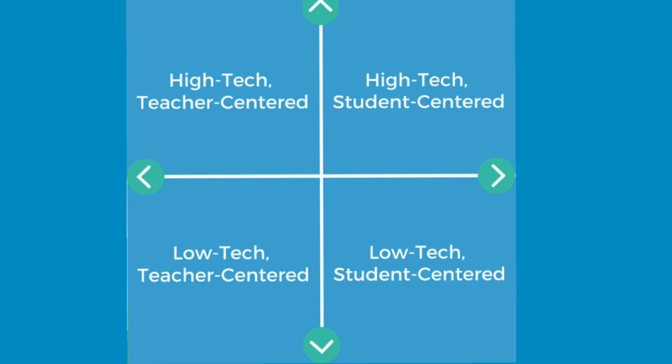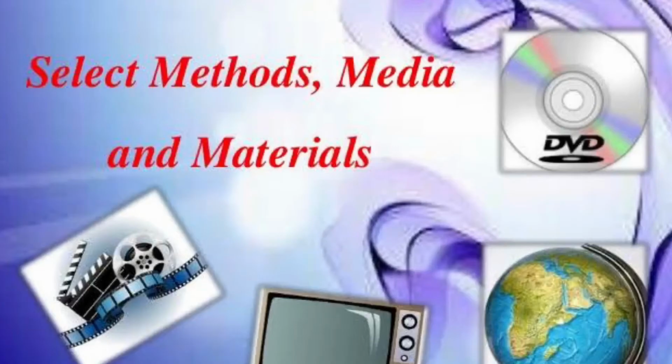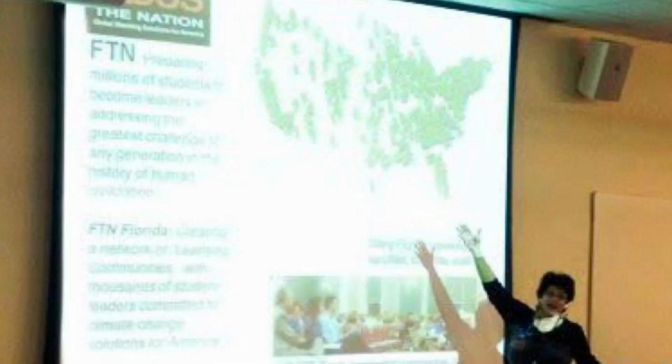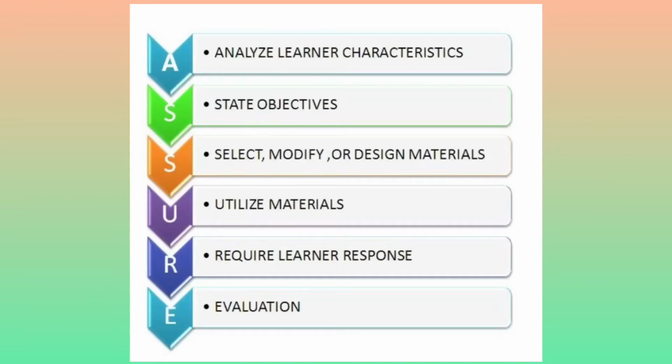For student-centered, the best strategy is group discussion or cooperative group work. Once you select your teaching strategy, then it's time to figure out which technology, media, and materials best support the method of teaching that you're using. These range from simple tools such as chalk and blackboard to more sophisticated ones such as a PowerPoint presentation.